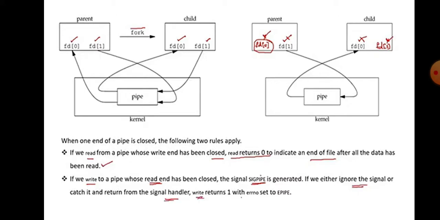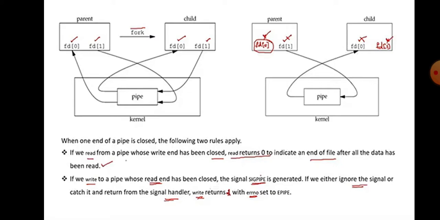And the write returns -1 with errno set to EPIPE, which indicates an error. So these are the two scenarios to be considered.